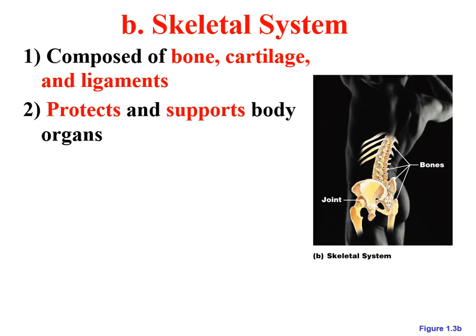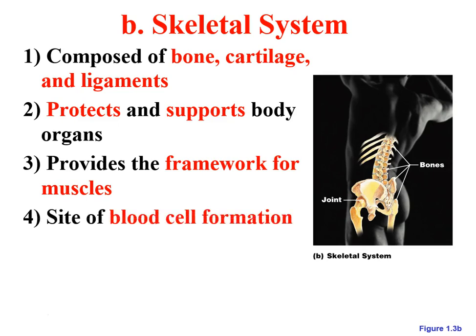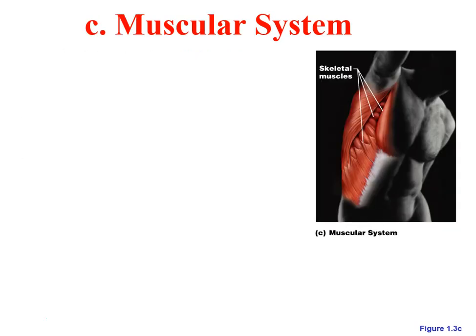The function of the skeletal system is to protect and support the body organs, to provide a framework for the muscles, and it is also the site of blood cell formation, hemopoiesis. And it stores minerals. Calcium and phosphorus are two. Those are actually the minerals, salts, that go together to make bones hard.